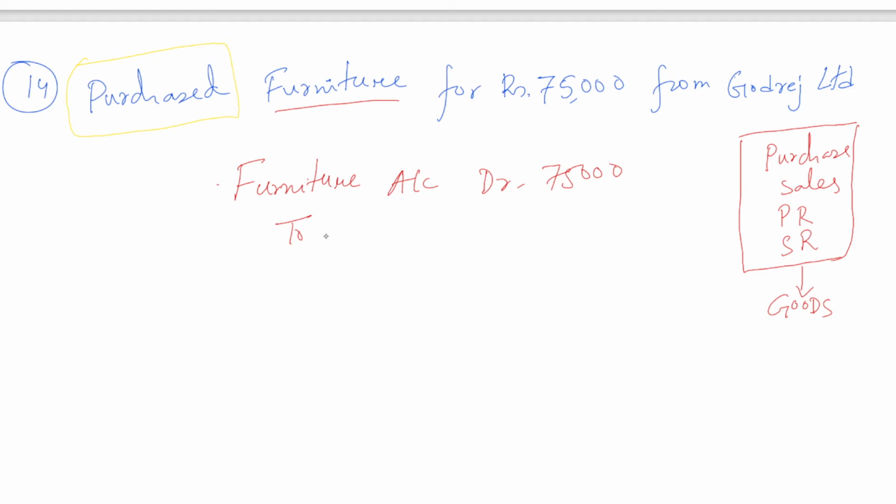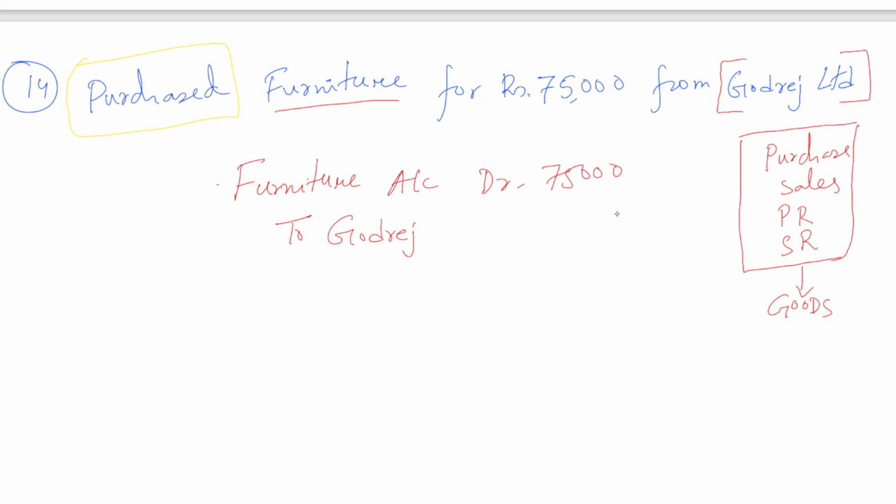to what? Cash or Godrej Limited or bank or what? To Godrej Limited, because though it is not mentioned whether it is a credit purchase or cash purchase, nothing is mentioned. If nothing is mentioned, assume that it is a credit purchase.